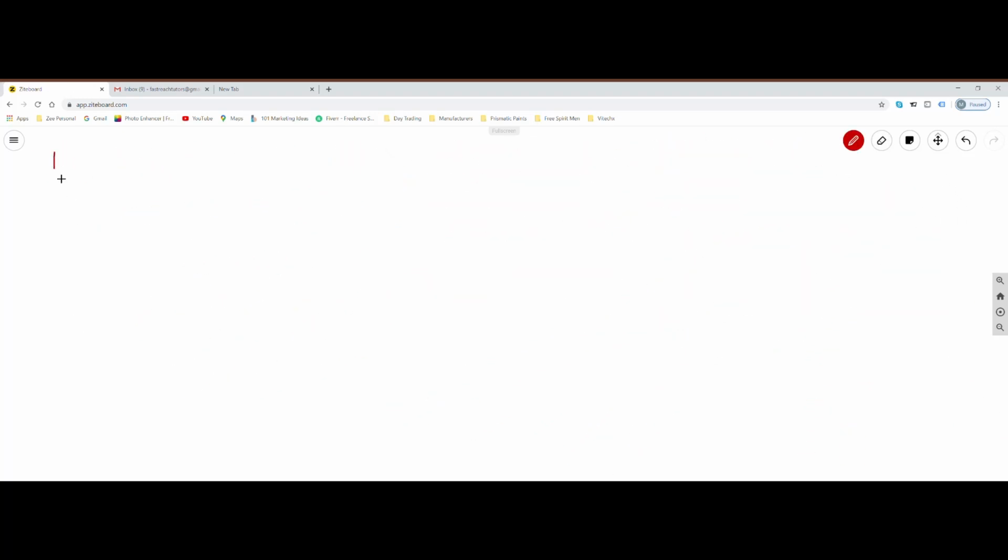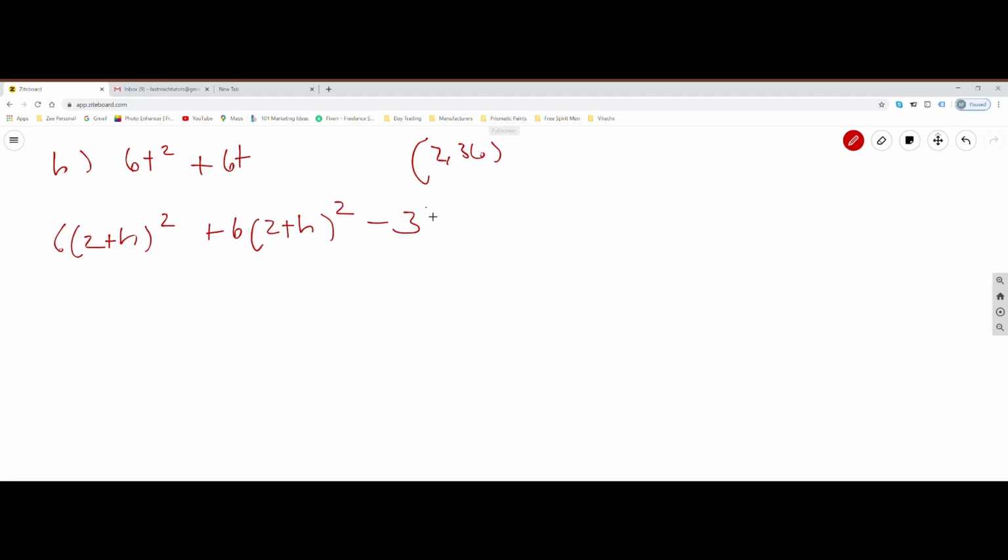So B, we want to expand the equation, so it would become 6t squared plus 6t, and we have the point 2 and 36. So it would be 6 times (2 plus h) squared plus 6 times (2 plus h), minus 36.